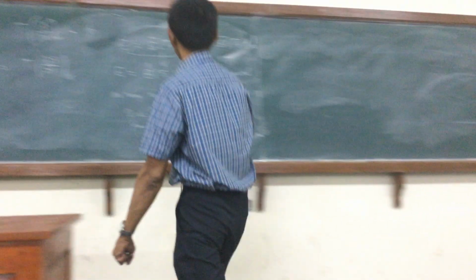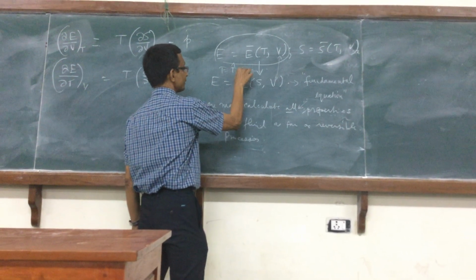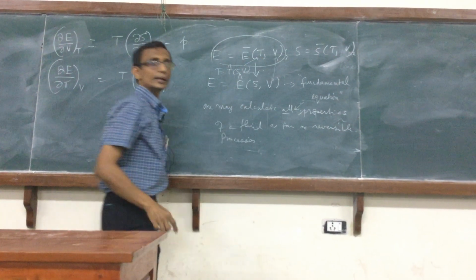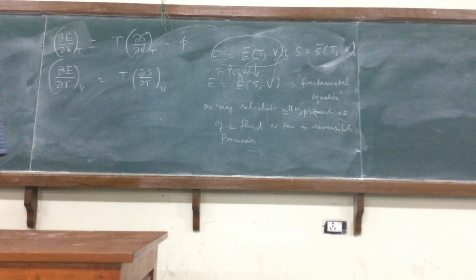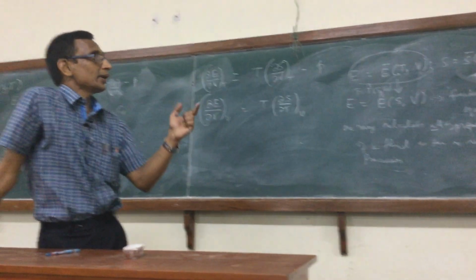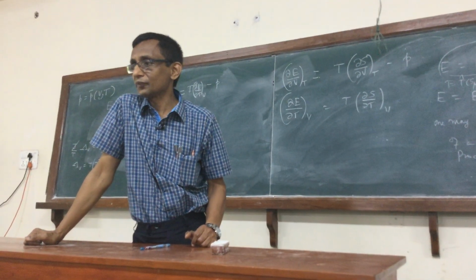If I am able to express T as a function of, let's say, S and B, then I can substitute into this, and then E will become a function of S and B. Right? Now, can T be expressed as a function of S and B? That's the question we have to ask.